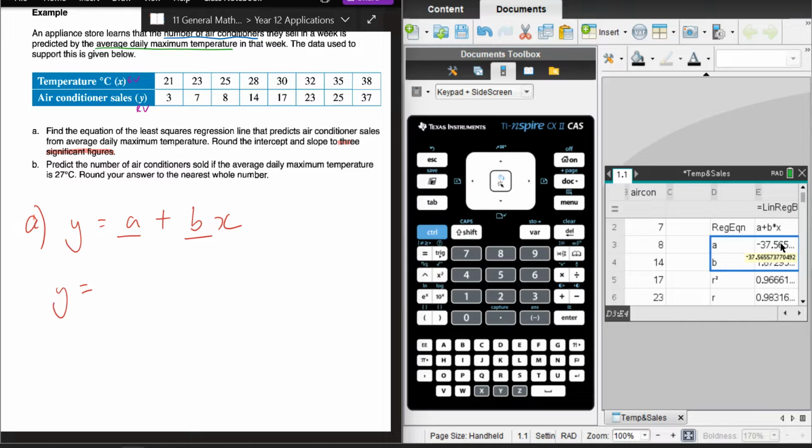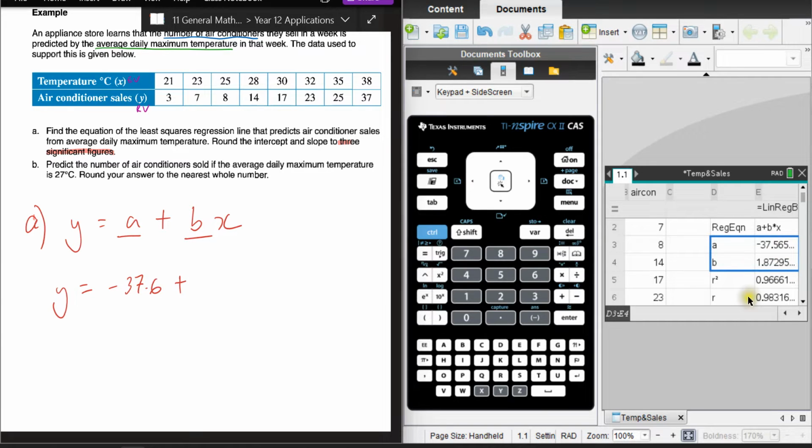I'm going to ask Natasha, can you round 37.565 to 3 significant figures? Good. Negative 37.6. Okay, so 3 important numbers would be the 3, the 7, and then that 5. You've got to change it to a 6 because the 6 will adjust that.